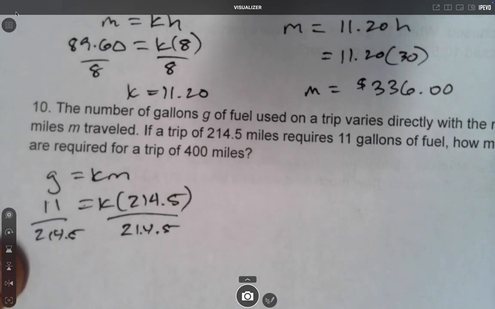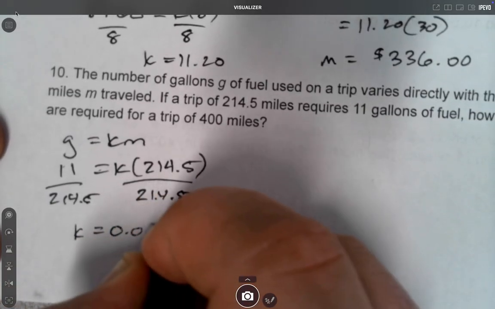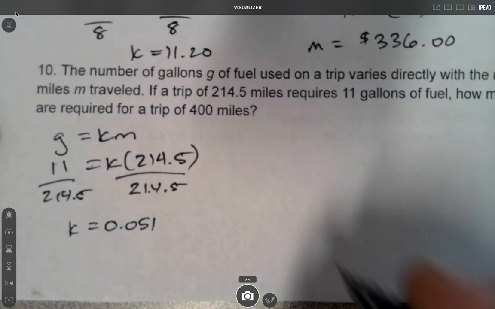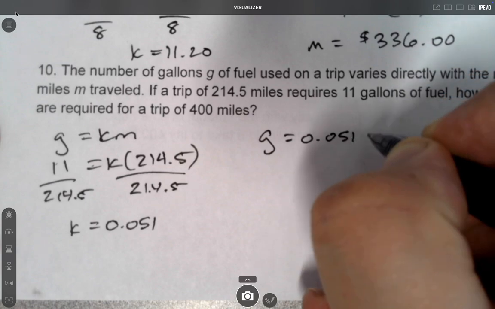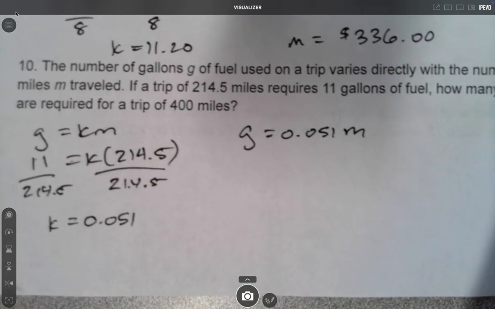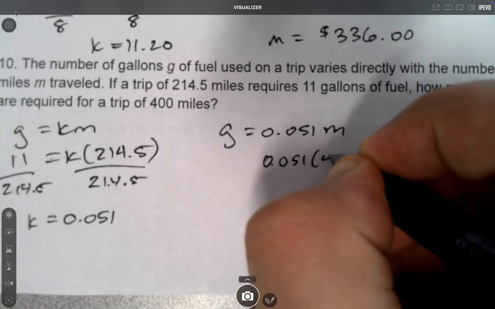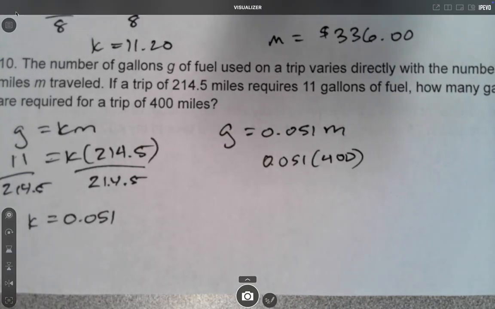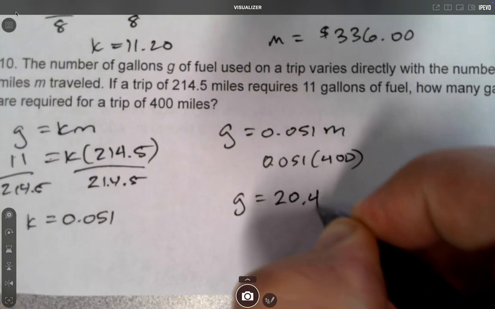We get, I'll just say 0.051. So our equation is G equals 0.051 M. And we want to figure out how many gallons we needed for a trip of 400 miles. So I plug in 400 for M, multiply by 0.051, and we get that 20.4 gallons will be needed.